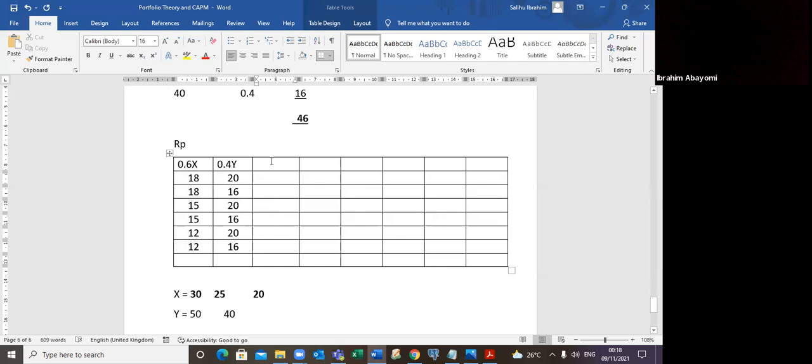Now, what will be the return on this portfolio? The return will be the addition of the two. So here is going to be 38, right? The next one is going to be 34.